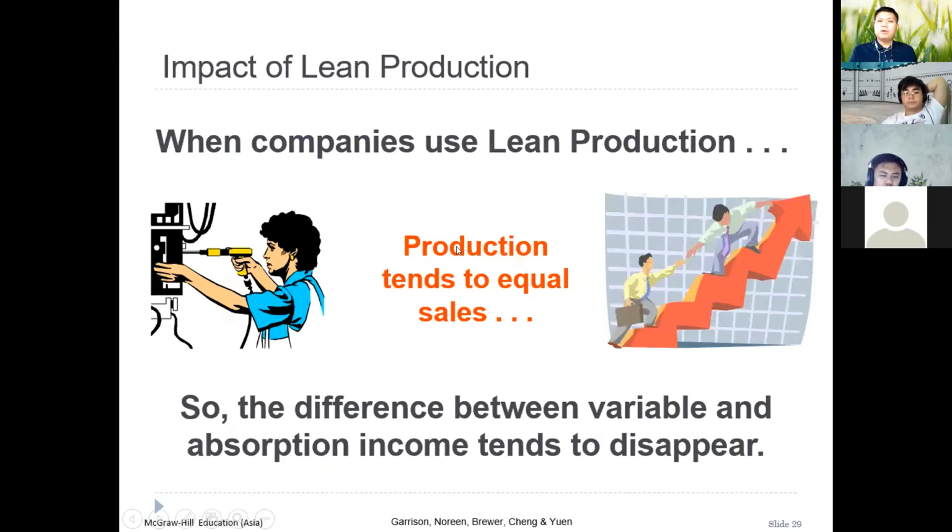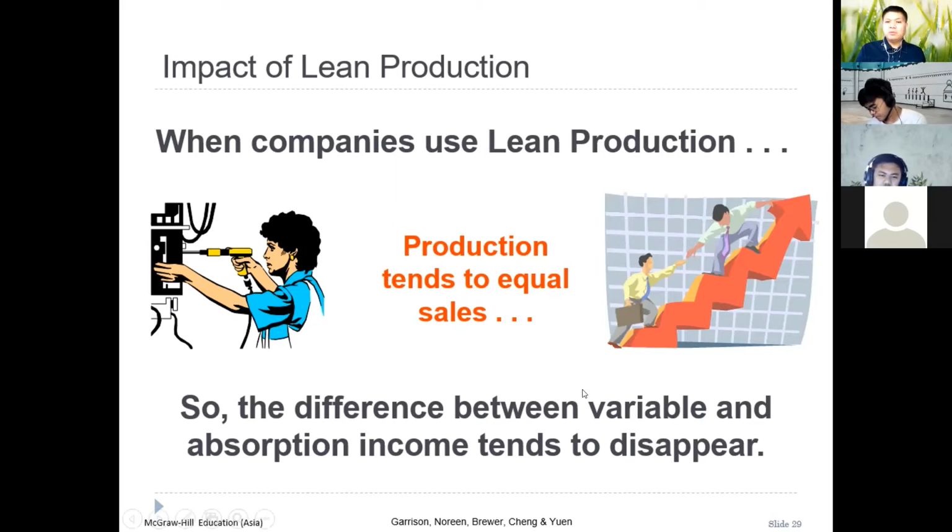Now, what's the impact of lean production? When companies use lean production, when do you say that there is lean production? No, when production tends to equal sales. Wala silang masyadong difference. Like you produce 25,000, you sell 25,000. So there are lesser inventories, no, in the end.